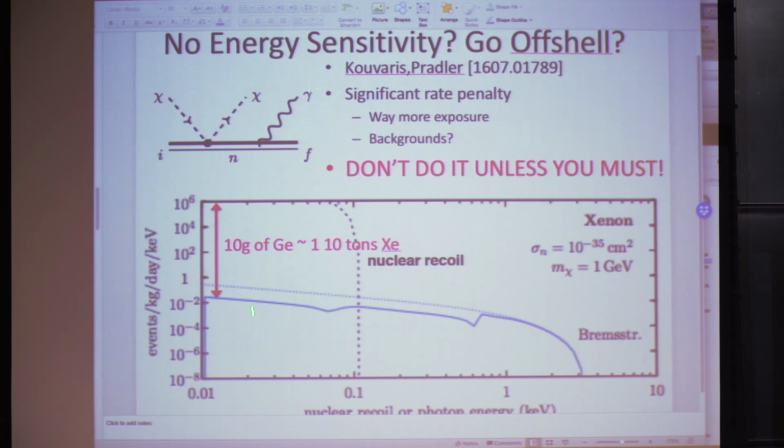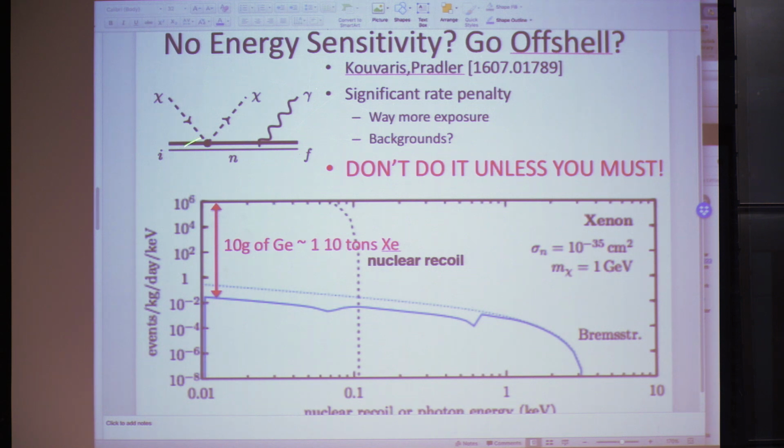But on the other hand, this 10 to the minus 6 penalty is vast, right? It means that 10 grams of germanium is 10 tons of xenon. And 10 tons of xenon is an experiment that requires an enormous number of people and $100 million. And a single 10-gram crystal with huge sensitivity could be done in the lab by one group.